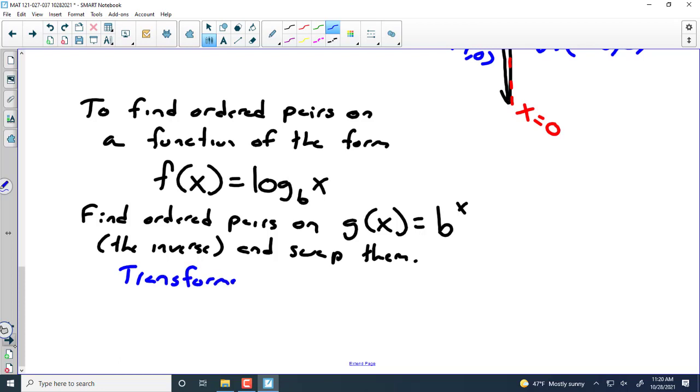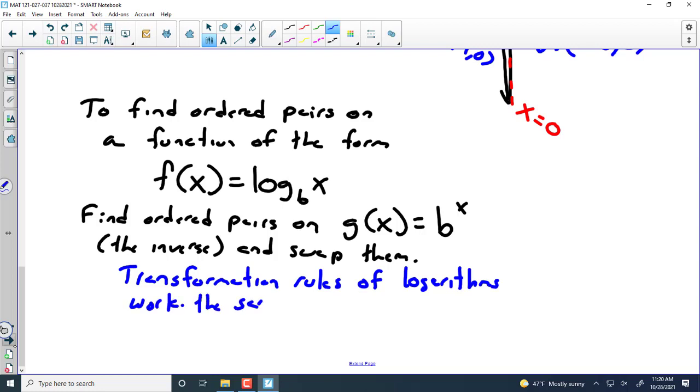Transformation rules of logarithms work the same way they did in unit number 1.